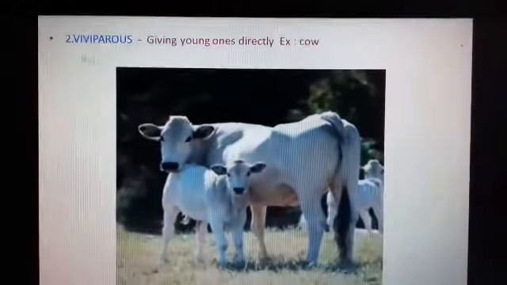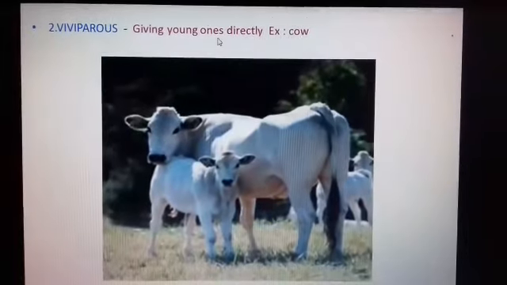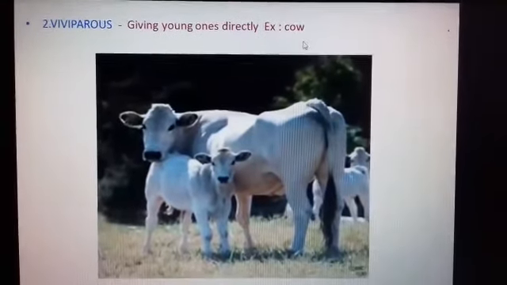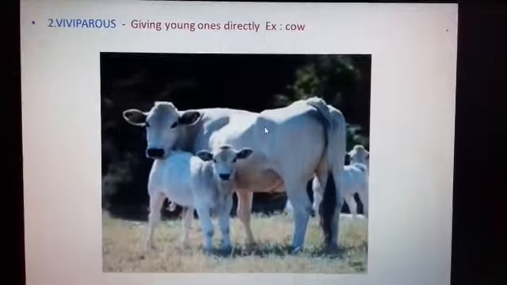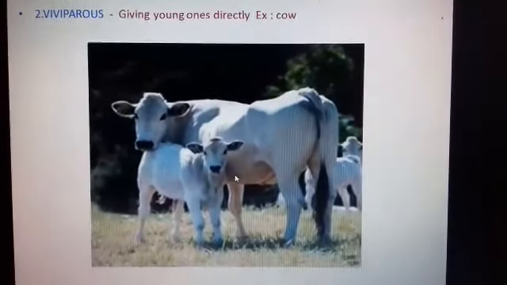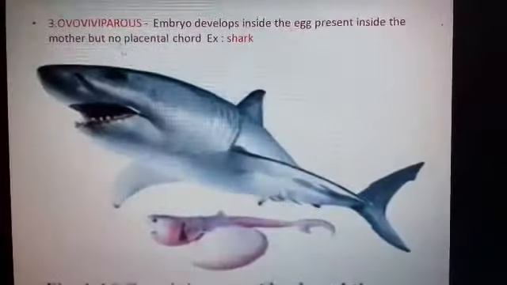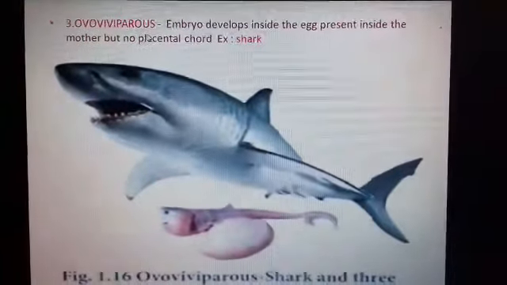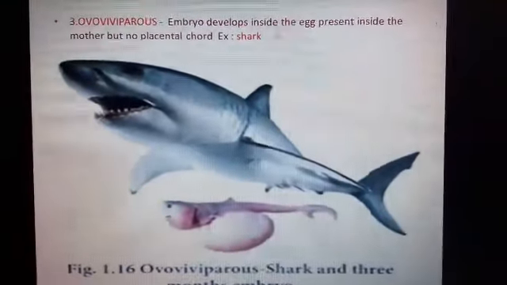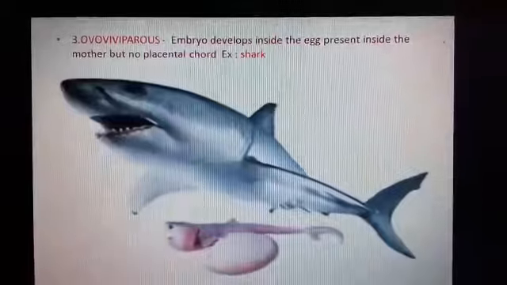The second one is viviparous, which give birth to young ones directly. For example, cow. The cow won't lay eggs, but it reproduces the young ones directly. The third one is ovoviviparous. Here, the embryo develops inside the egg, present inside the mother.